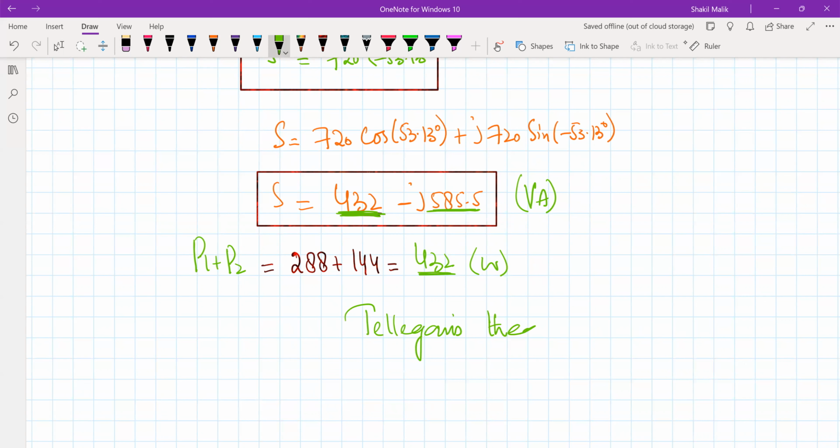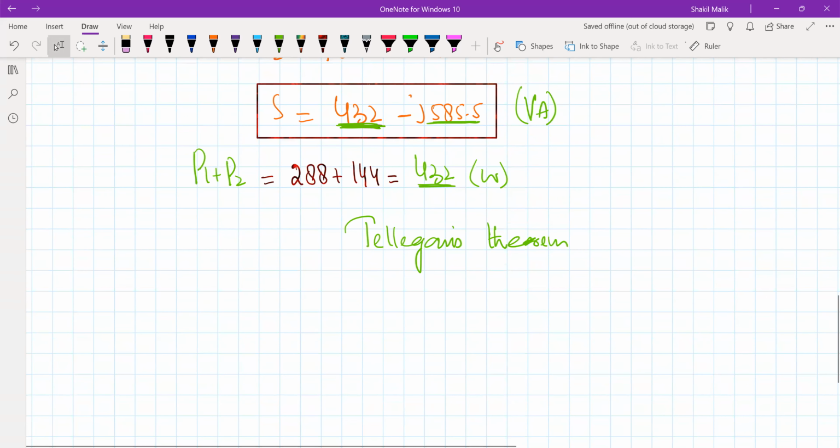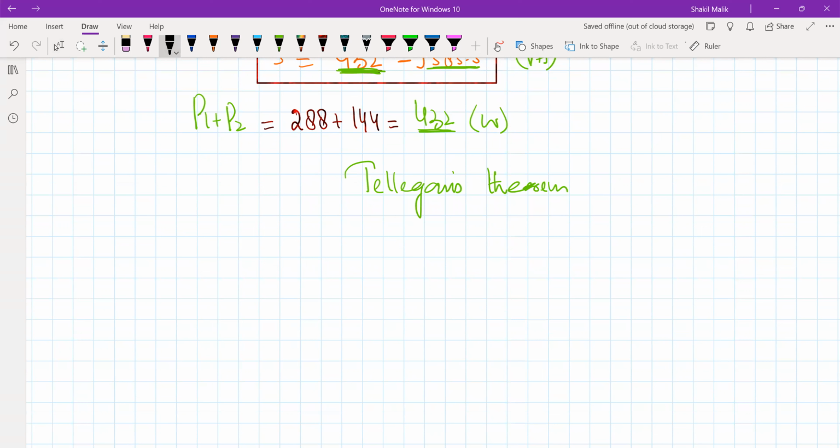All right, so we verified that the real power supplied by the source is equal to the real power absorbed by this network, this circuit. Now how do we get the apparent power?